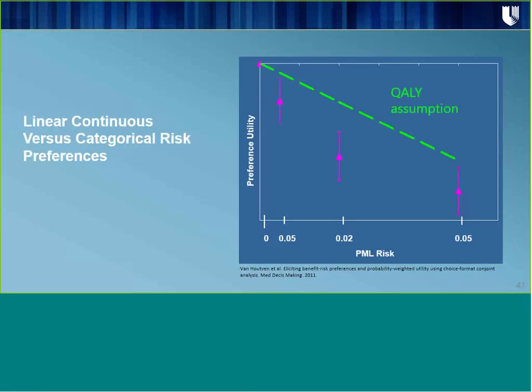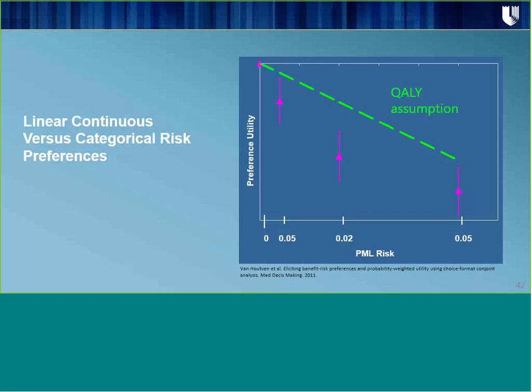Now, the first thing we notice is that the linearity assumption of a straight line, that is, we're just multiplying outcomes by probabilities, is rejected here. This is not a linear function of these levels.